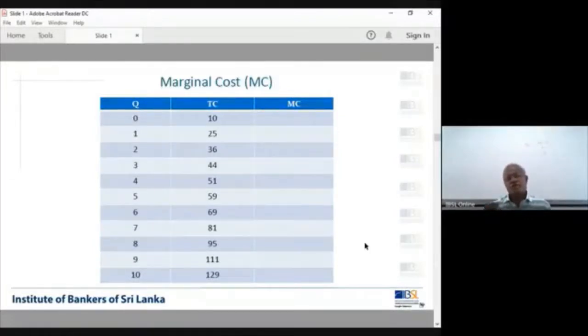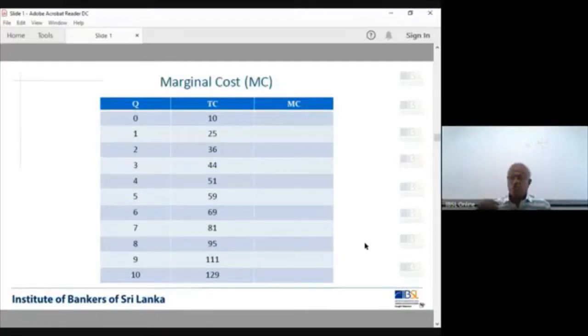Third unit itself cost 8. Not the total, 8. Fifth unit, 59 minus 51 divided by 5 minus 4. Marginal cost of the fifth unit is 8. So marginal cost per unit.